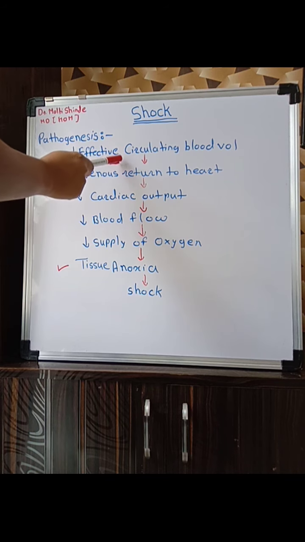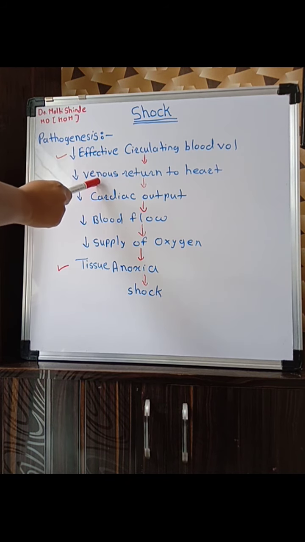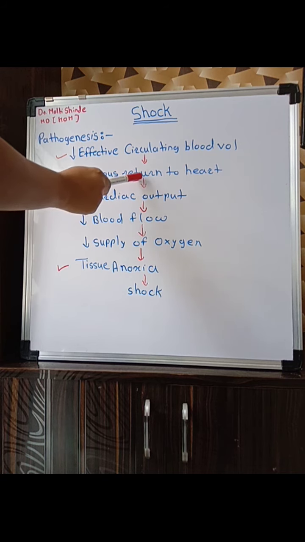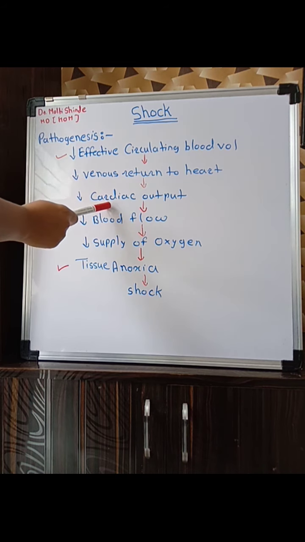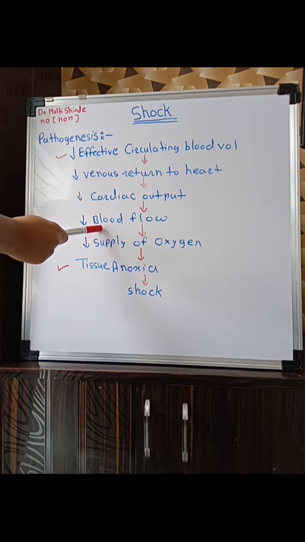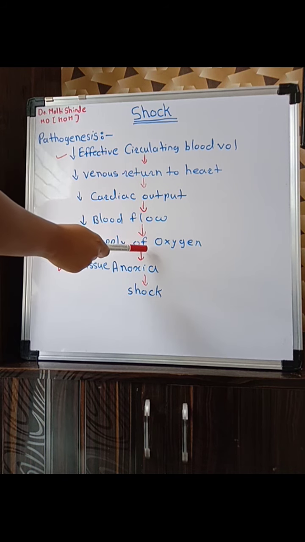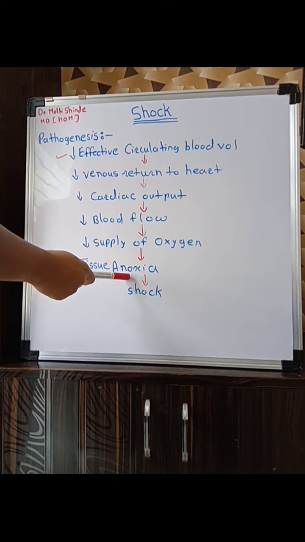When that circulating blood volume gets decreased, that leads to a decrease in venous return to the heart, and that leads to a decrease in cardiac output, and that leads to a decrease of blood flow, and that leads to a decrease in the supply of oxygen to the cells and tissue, and when that supply of oxygen gets reduced, that causes tissue anoxia.